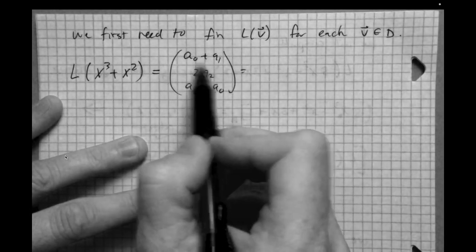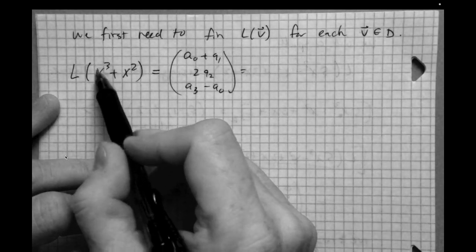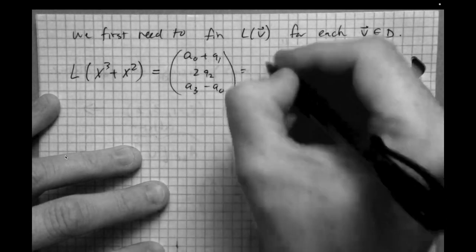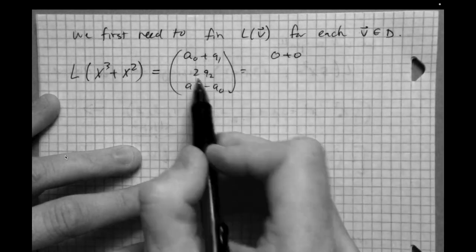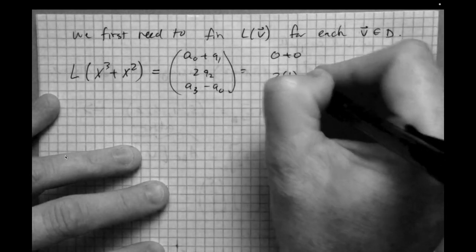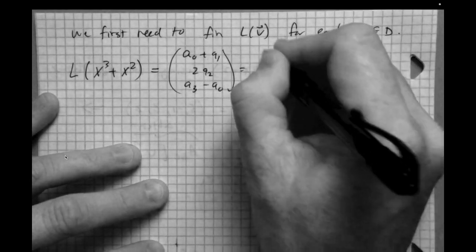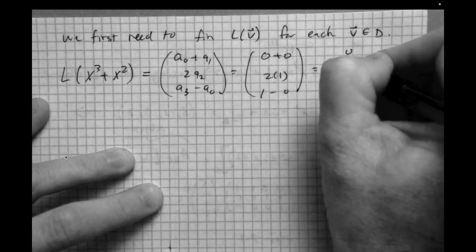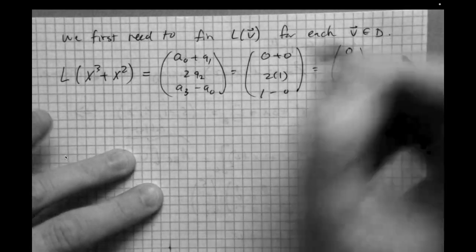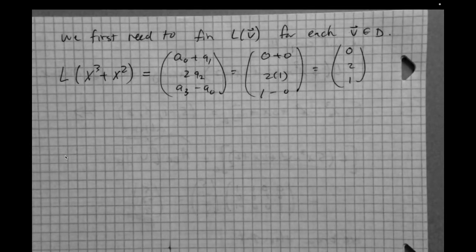Here a3 is 1 and a2 is 1. So up here you've got 0 plus 0, here you've got 2 times 1, and down here you've got 1 minus 0. And so what do you get? 0, 2, 1.